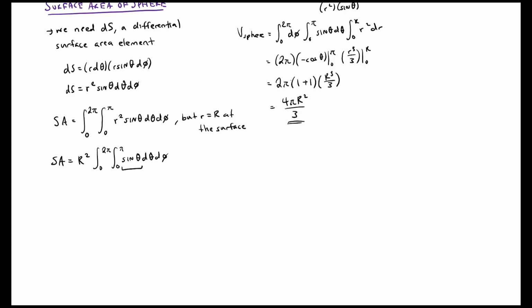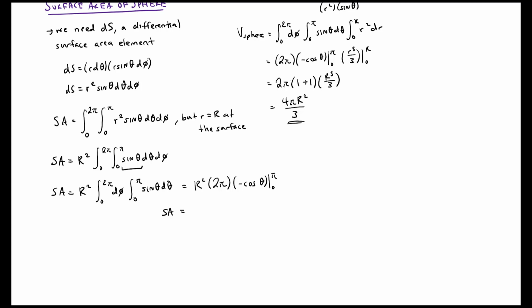So yes, we can separate this into two different integrals. We have R squared, 0 to 2 pi d phi, the integral from 0 to pi of sine theta d theta. And to solve, we have R squared, 2 pi minus 0, which is just 2 pi, and the integral of sine theta is negative cosine of theta, and we want to solve from 0 to pi.